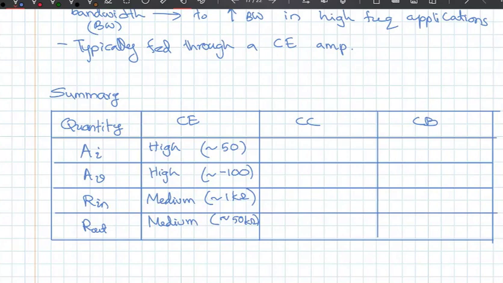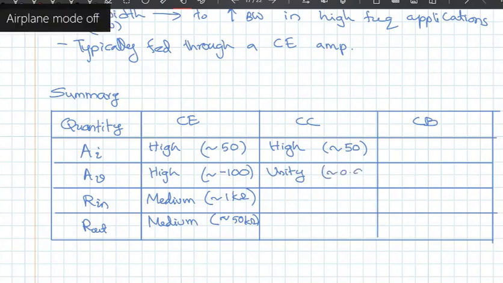For the common collector, you have a high current gain, just like before, about 50, but unity voltage gain, in the range of 0.99.